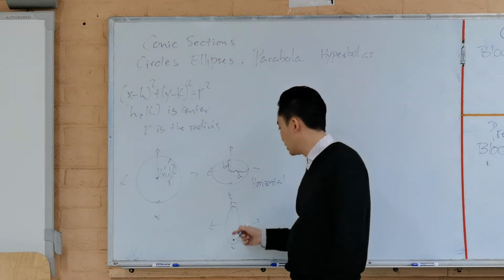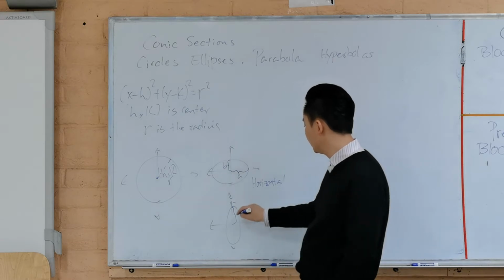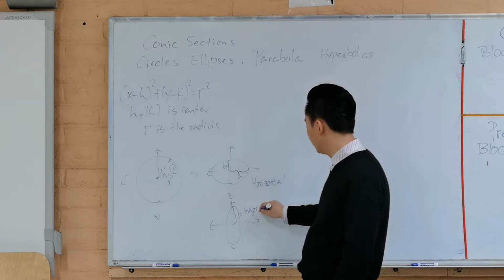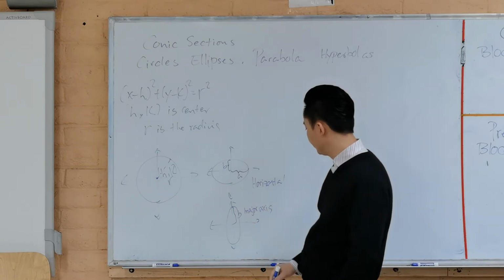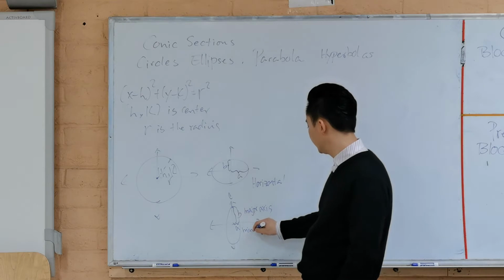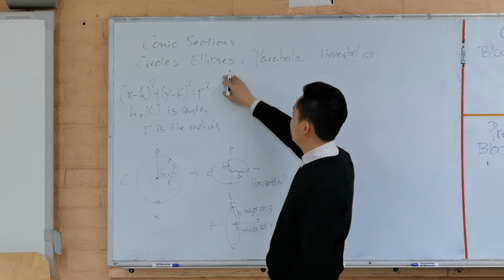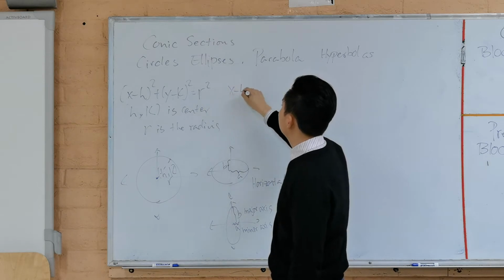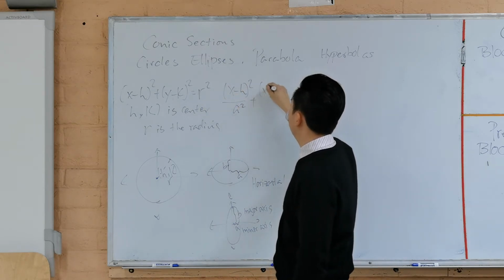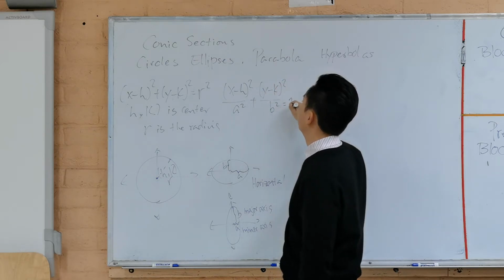And then for the vertical ellipse, we just need to swap that around. So this one, b would be the major axis, and that's right along the vertical axis. And then a, the minor axis. And the general equation for this is (x minus h) quantity squared over a squared, plus (y minus k) quantity squared over b squared, and that equals 1.